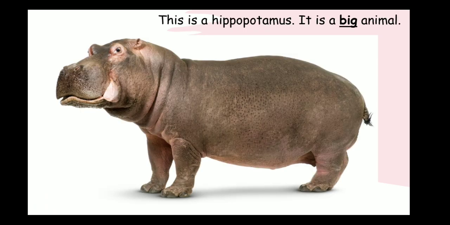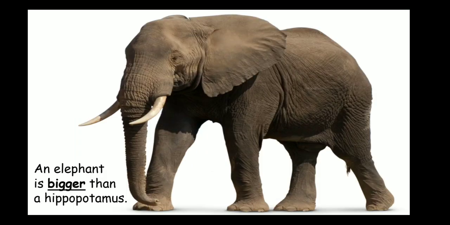Let's look at another example. This is a hippopotamus. It is a big animal. An elephant is bigger than a hippopotamus. So we are comparing the hippopotamus and the elephant, and the elephant is bigger than the hippopotamus.